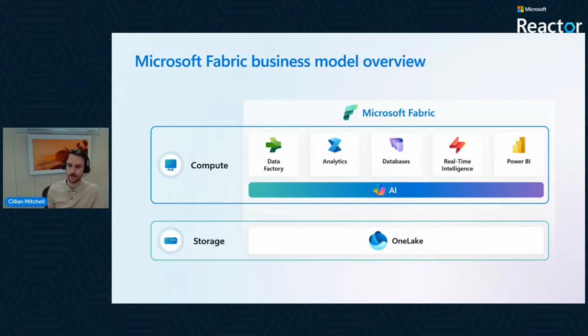Typically, when you're running your different analytics and you have a different product or solution for every single part of that data journey, you'd have to manage different pricing, business models, and capacities for every single workload or every single job you have. And so with Fabric, we try to simplify, as I said. Now there's only really two variables you have to worry about. The first is compute, which runs every single capability we have in Fabric. And the second is storage.